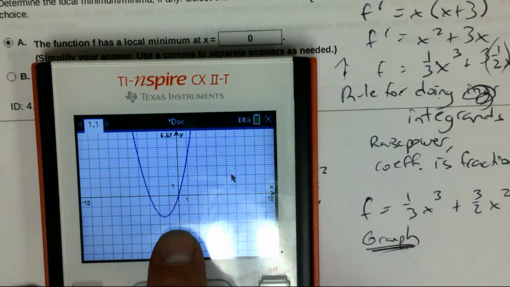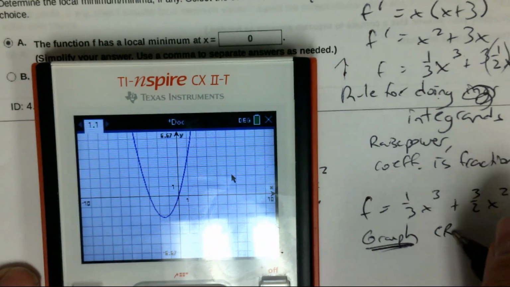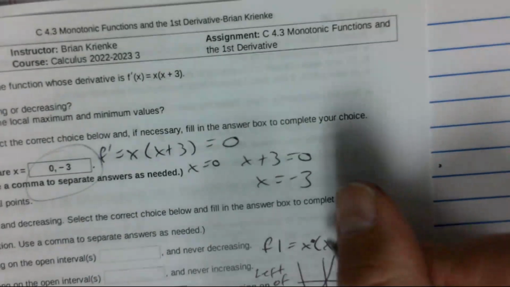For grins, I'm going to keep the blue one to be the derivative graph. And so I'm going to call this blue.